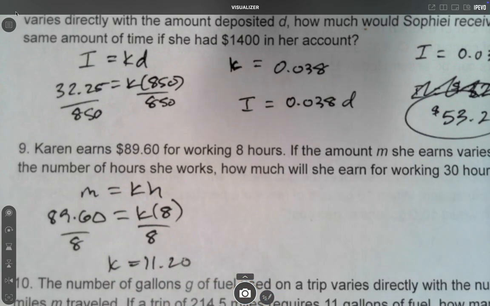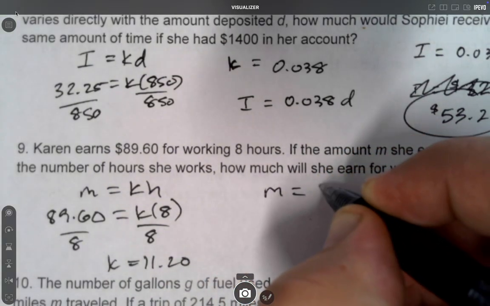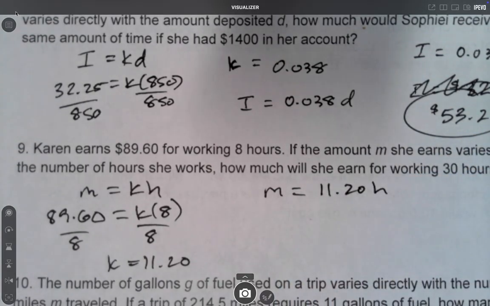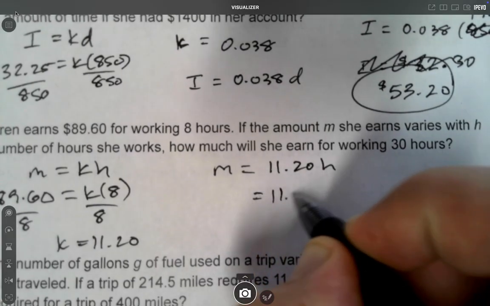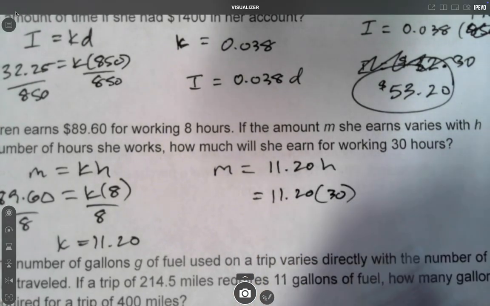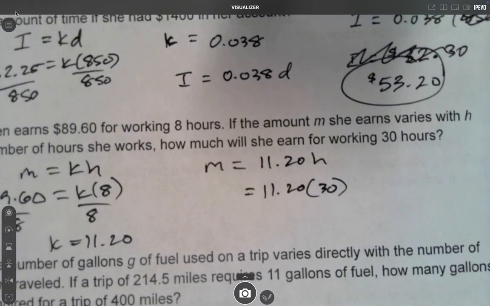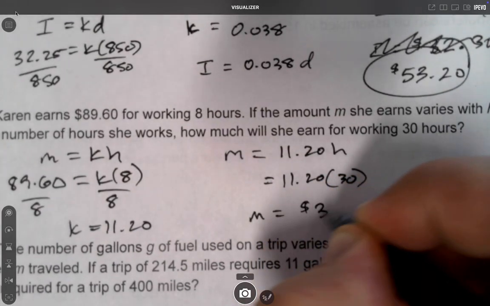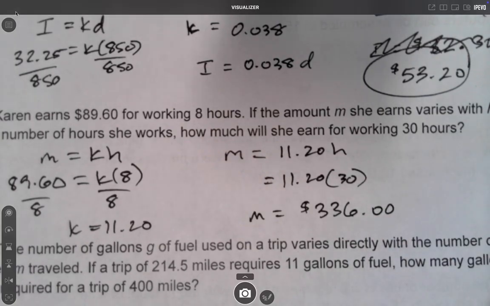So that means she makes $11.20 an hour. And then to figure out how much she earns working 30 hours, plug in 30 for H, multiply by 11.20, and we get $336. So that's how much she would make if she worked 30 hours.